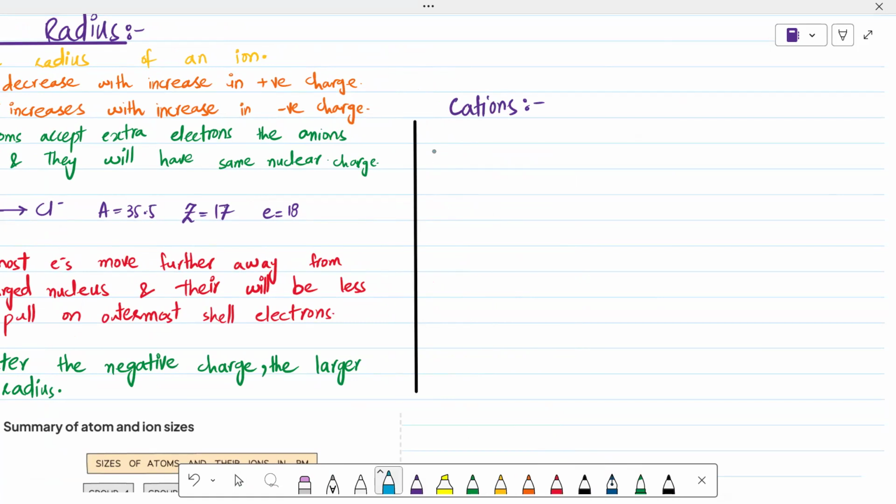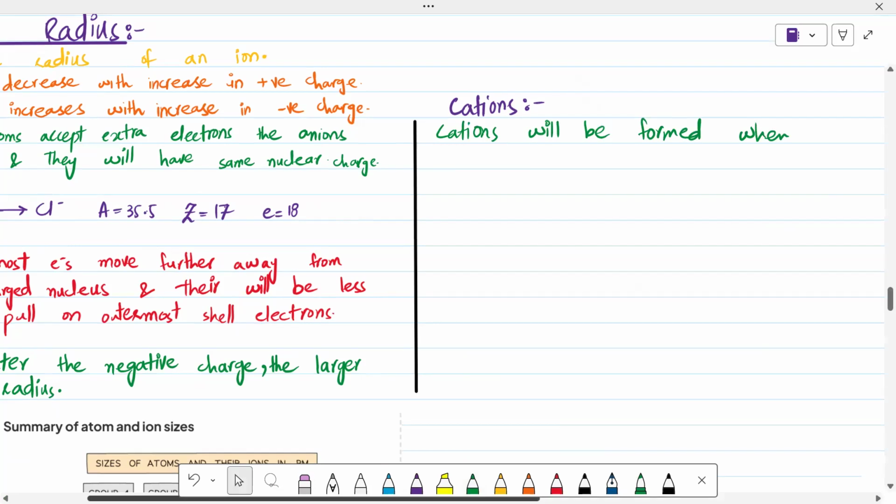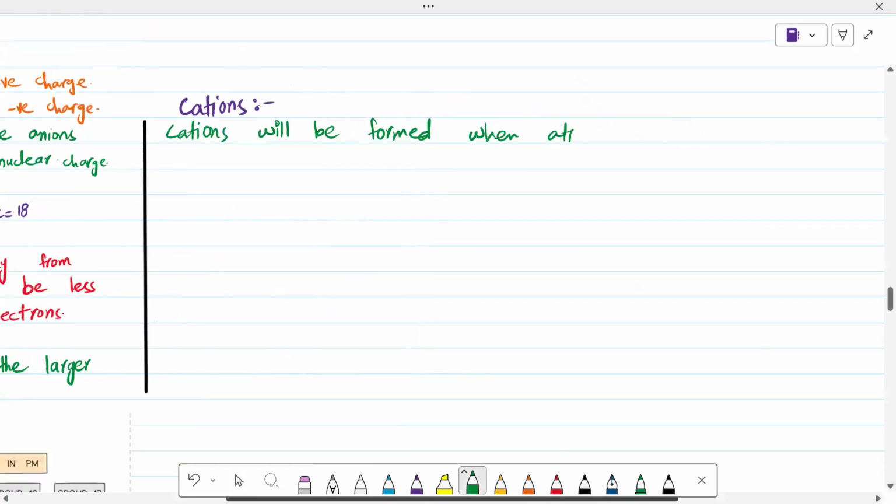When atoms lose electrons, cations will be formed. Now you have to justify its reason.